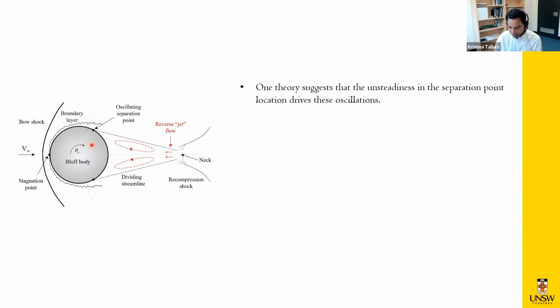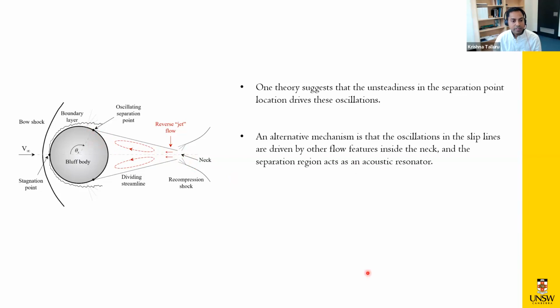The second theory says there is another mechanism, because there is a reverse flow that behaves like a reverse jet, and there are additional perturbations happening in the neck region when the two shear layers convolute. That is what sets up an acoustic, dynamic loop within this confined region, and they call this the acoustic resonator analogy.